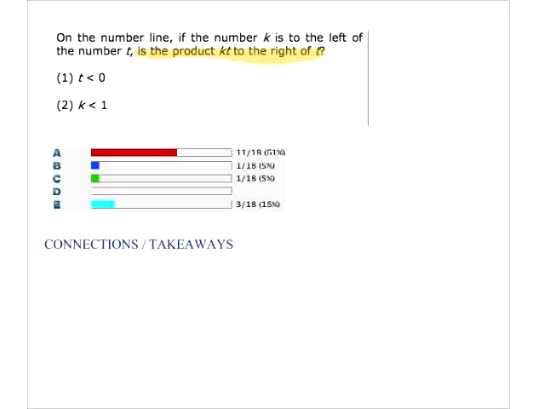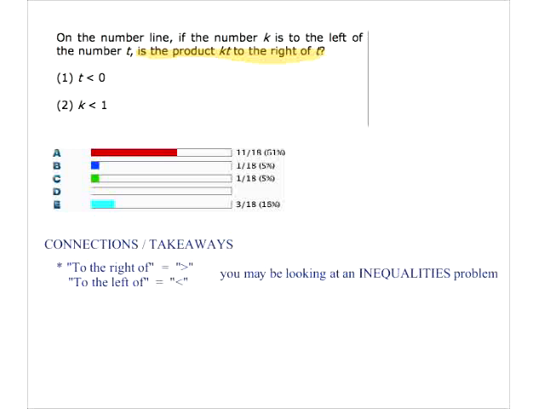If you see to the right of, that's the same as just saying it's greater than. And if you see to the left of, that's really the same as saying that it's less than. These are exact correspondences. So as such, you may be looking at an inequalities problem in disguise.